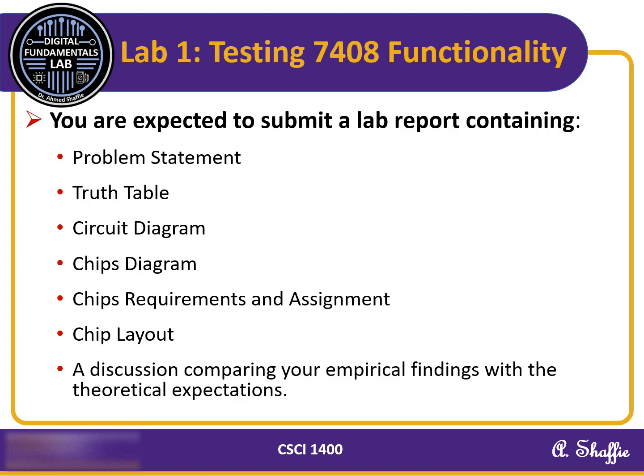This report should include several key components: a problem statement that clearly defines what you are testing, the truth table for the AND gate you are testing, a circuit diagram showing how you connected your components, a chip diagram illustrating the internal structure of the 7408 IC, chip requirements and assignments to outline the connections, a chip layout detailing the physical placement on the breadboard, and finally, a discussion section where you compare your empirical findings with the theoretical expectations.